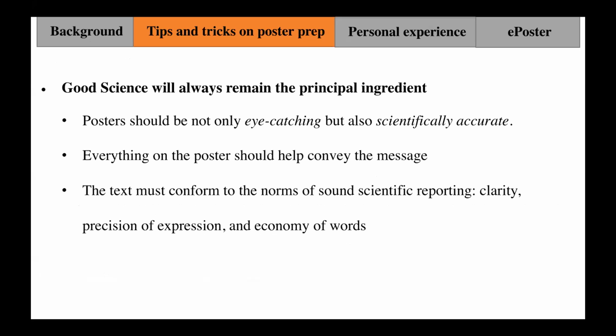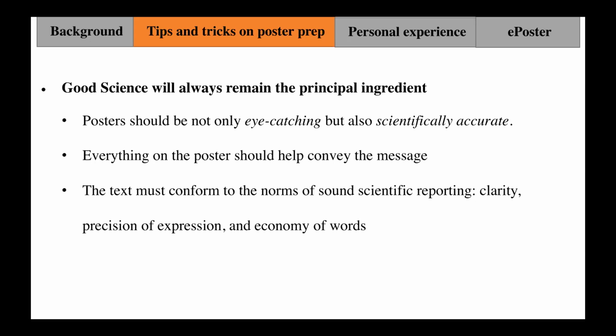So poster preparation involves an art, selection of the color, selection of a good picture, but one very important thing is the good science behind your poster. So it's very important to put the correct information. Everything on the poster should help to convey the message. The text must conform to the norms of sound scientific reporting: clarity, precision of expression, and economy of words.